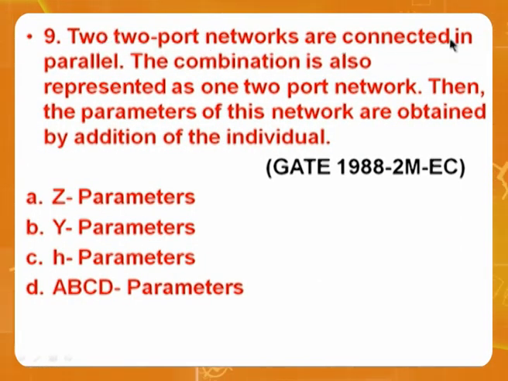Two-port networks are connected in parallel. The combination is also represented as one two-port network. Then the parameters of this circuit are obtained by addition of what? As I told you, two parallel networks are connected.